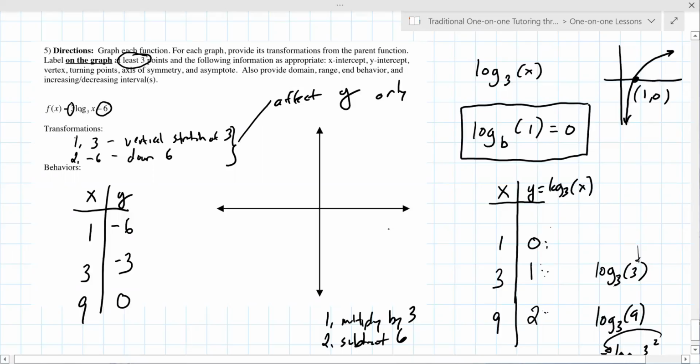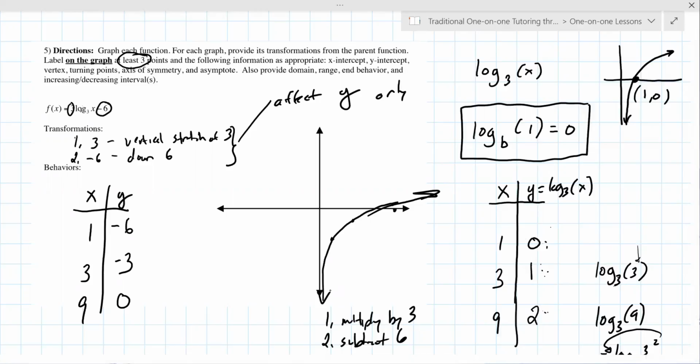So these are ordered pairs: (1, -6), (3, -3), (9, 0). Your graph ends up looking like that. But there's so much more that goes into logs. If all the stuff on the right is unclear, try to just focus on the transformation stuff for that.